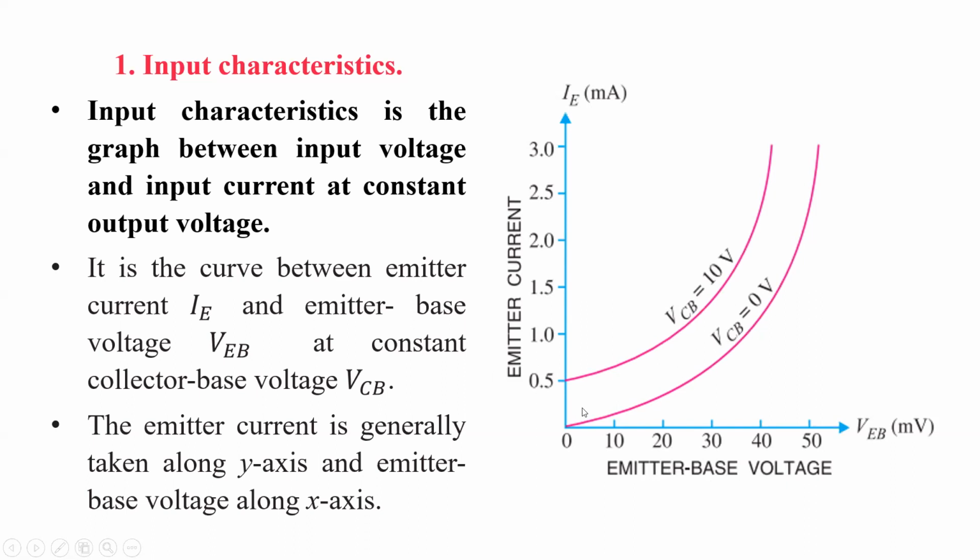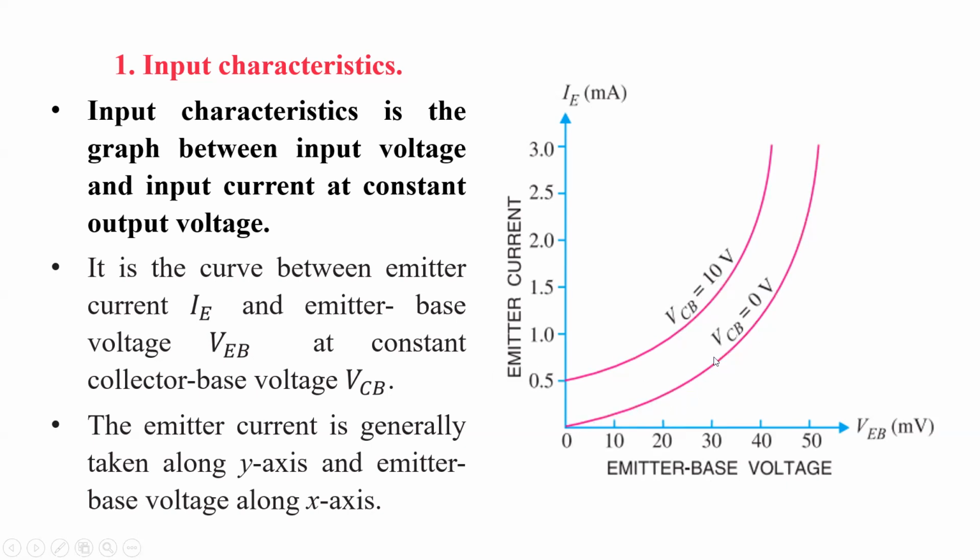Here we have shown two curves. One curve is for VCB equal to 0 volt, another curve is for VCB equal to 10 volt. When you keep VCB constant, it is observed that with an increase in emitter base voltage, the emitter current will increase rapidly.